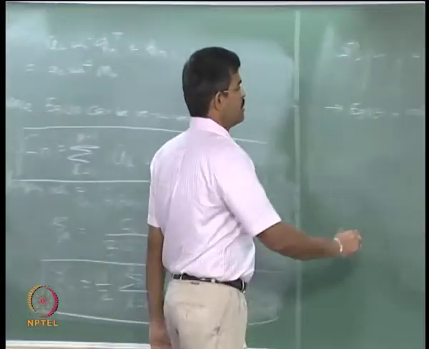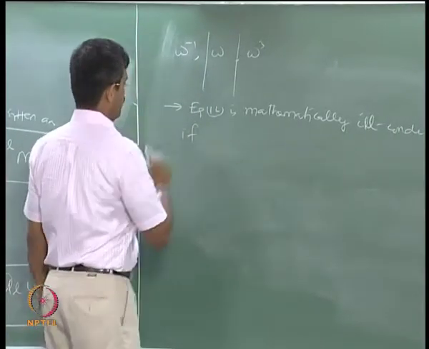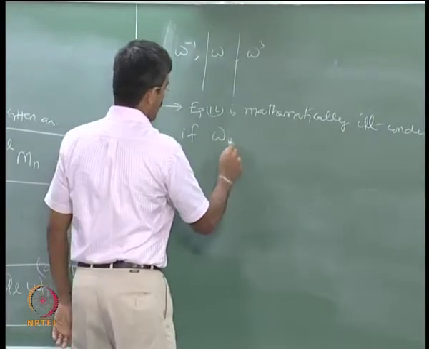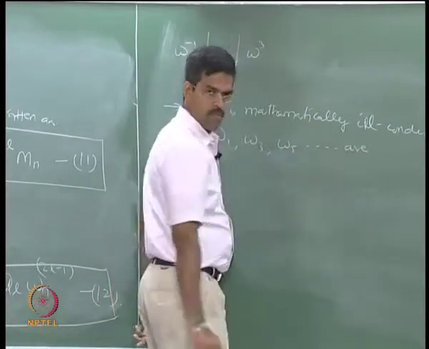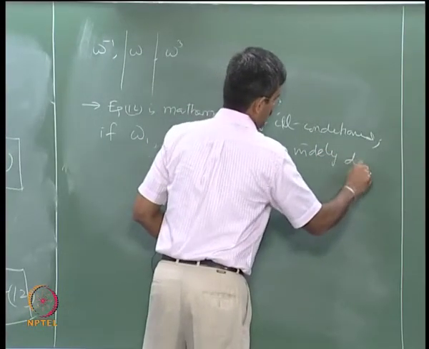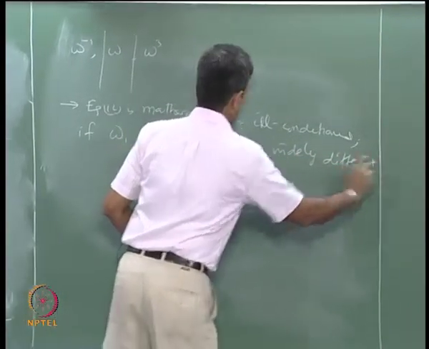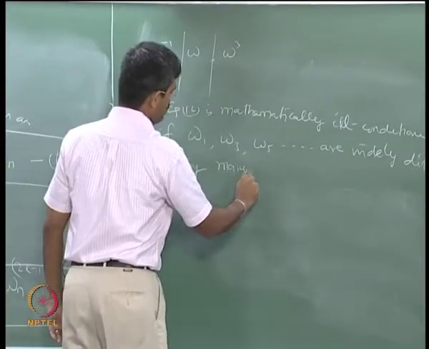And how will this affect my calculation? If ω_1, ω_3, ω_5 are widely different by many orders. What do you mean by many orders?